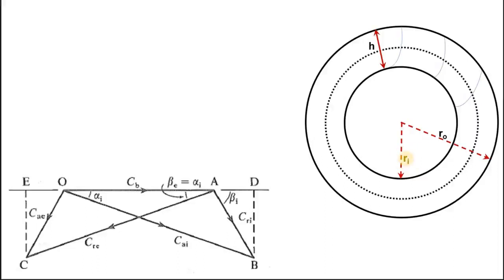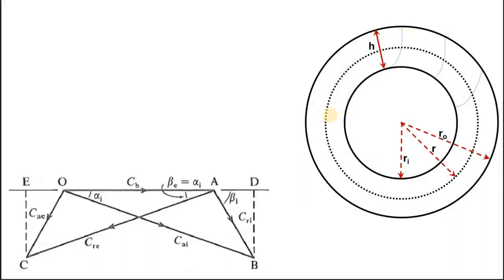And now we can also show the mean diameter or mean radius, and that is given by this R. So this dotted line is actually passing through the middle of this blade. So that R represents the mean radius of the wheel. So now from this diagram we can write the annular area. This is the area through which steam is flowing, this whole area.